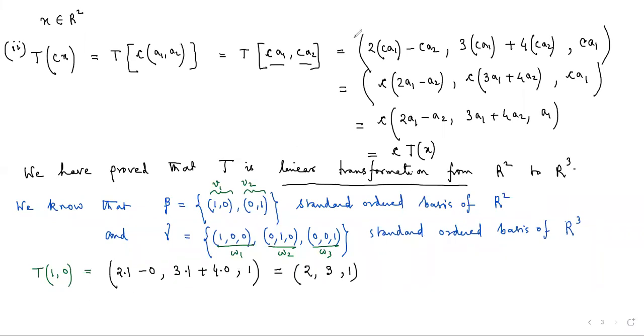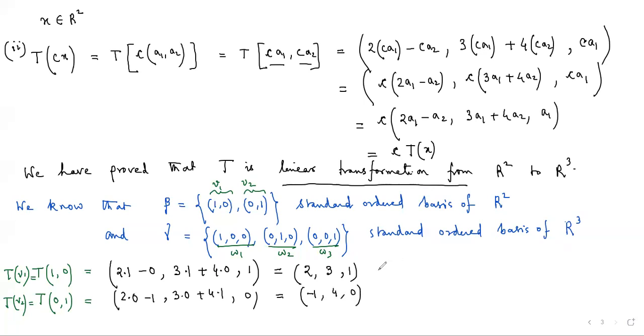Next element that is present in the basis, my T(V2) is the following, T of (0,1). What is that? This is 2 into 0 minus 1, 3 into 0 plus 4 into 1, comma 0, which is (-1, 4, 0). Now, no more basis elements are there, so we have to stop over here.